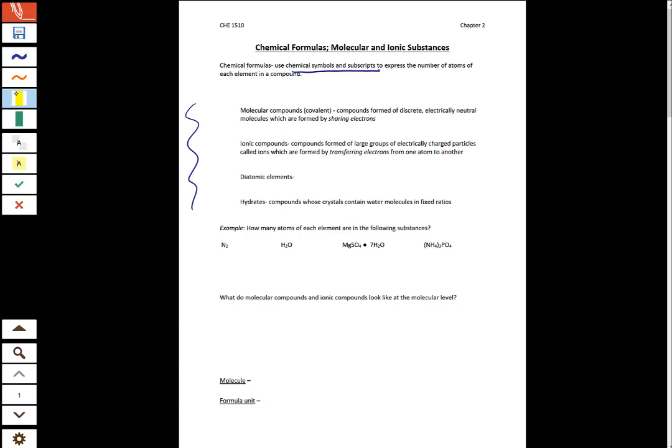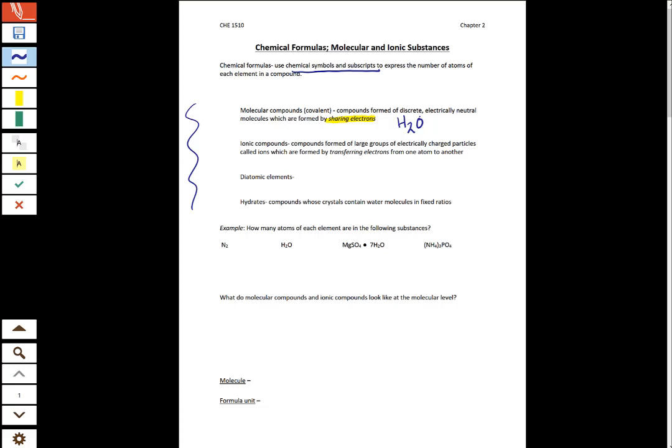And the key with these is that they are sharing their electrons. We're going to get a lot more into the whole idea of sharing electrons later on, but right now, something like water would be a chemical that you would classify as a molecular or a covalent compound. And we'll get to how to classify them a little bit later.